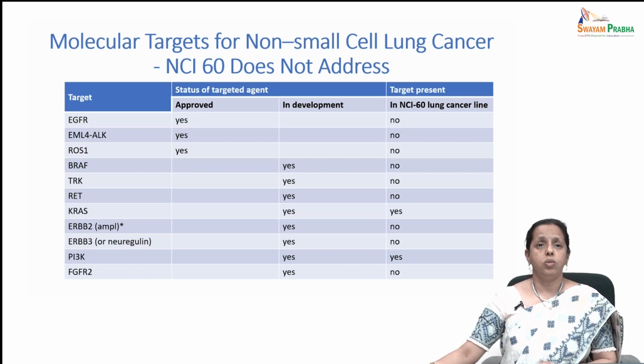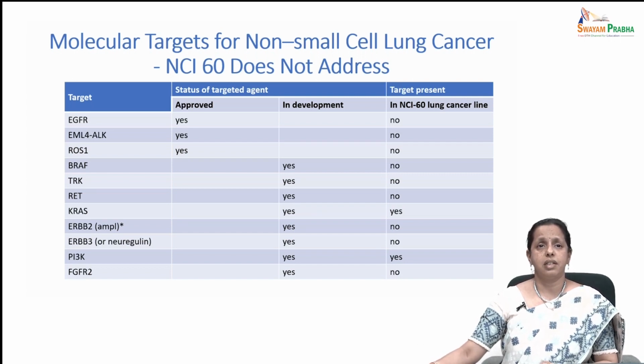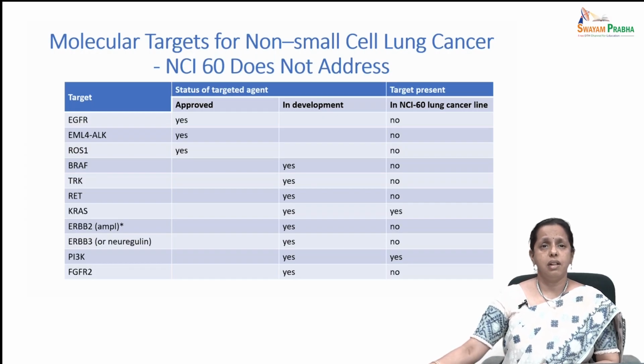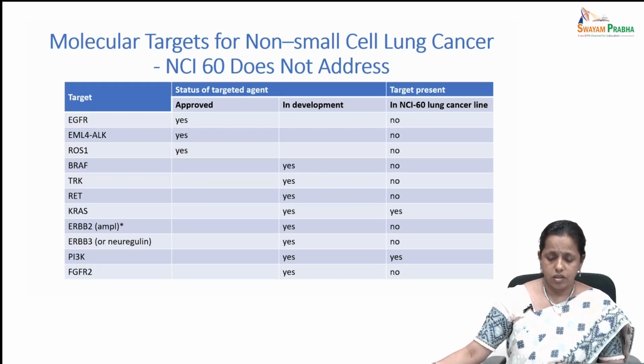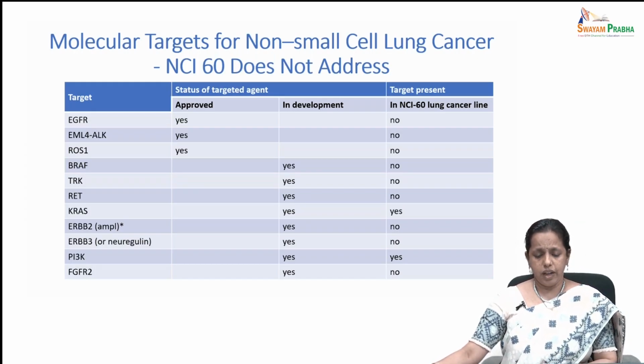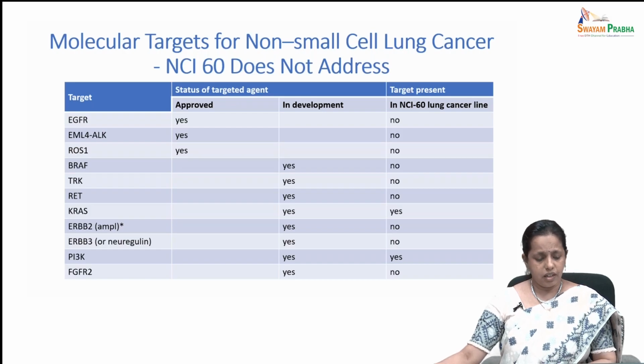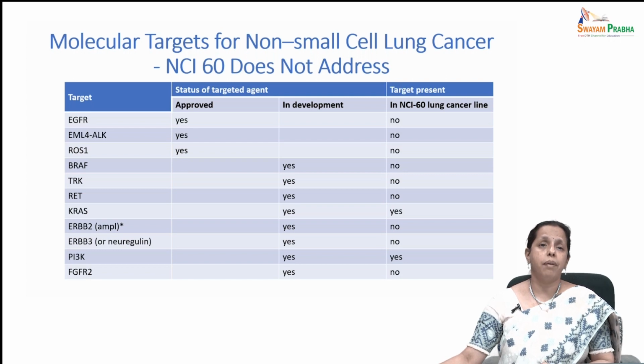For the important mutations and important proto-oncogenes, the status in these cell lines is still in development, and there are some targets for which the information is not available. For the NCI cell lines, only for KRAS and PI3K is the mutation status known. So, the cell lines are not sufficient for a heterogeneous tumor such as lung cancer.